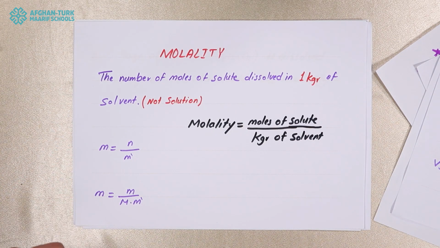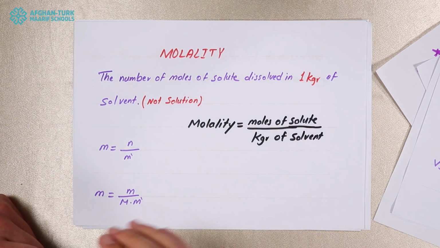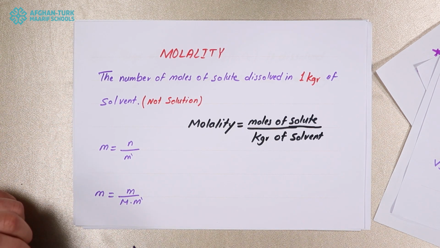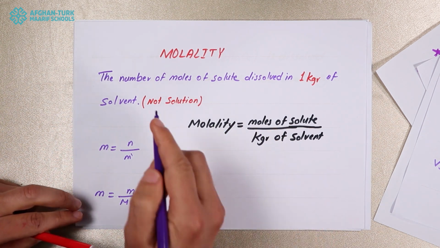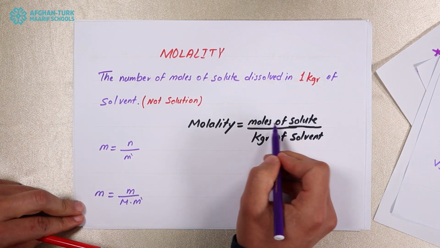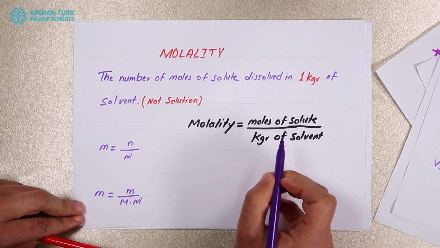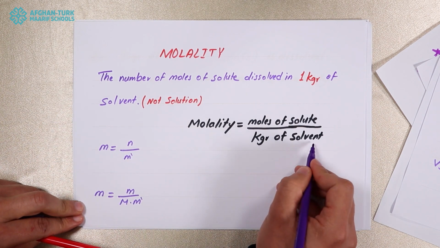Now I'm going to say something about molality. Molality and molarity are different from each other. Molality is the number of moles dissolved in 1 kilogram of solvent, not solution.